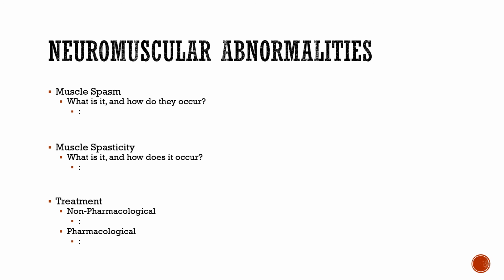Non-pharmacological treatment: rest is important, to rest that area. Heat is good, right? As opposed to cold, we want heat for the muscle. Positioning and physical therapy. Pharmacological, we use muscle relaxers. We're going to talk about skeletal muscle relaxers, or the traditional centrally acting skeletal muscle relaxers.